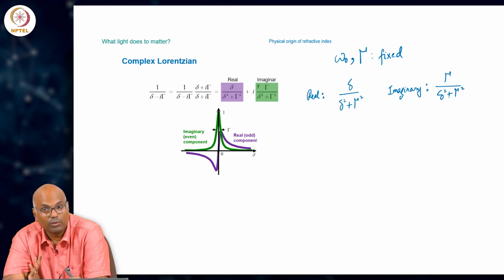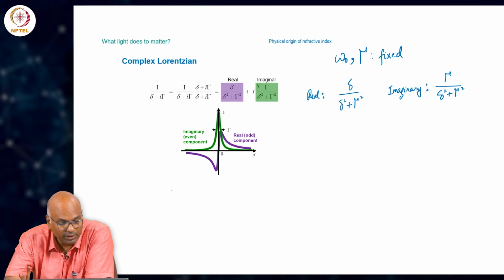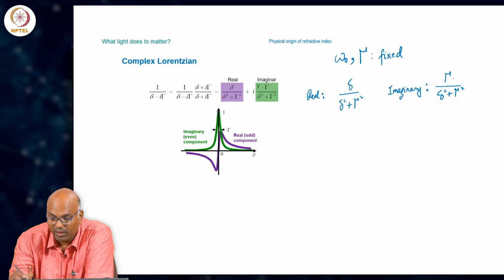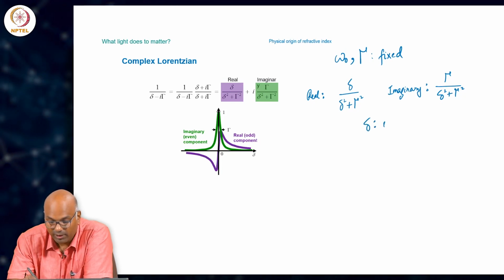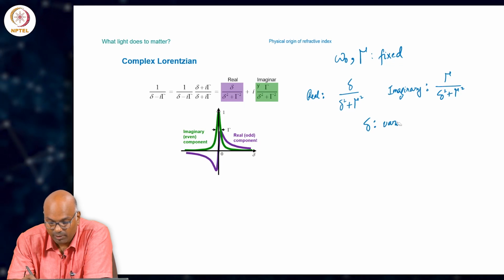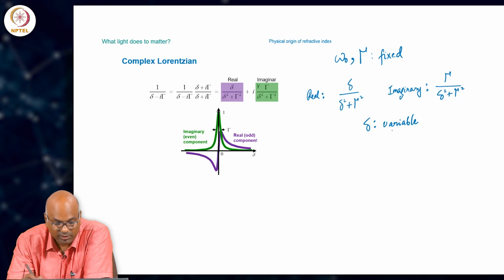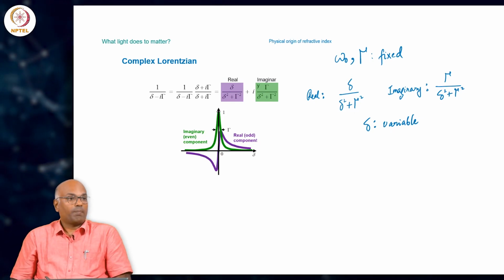So, now the imaginary component has a very nice form. It does not have a variable in the numerator. Here we should make the point that delta is the variable of interest in this entire scenario, right. Delta is the variable of interest.